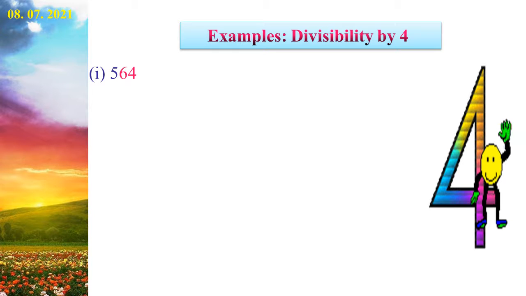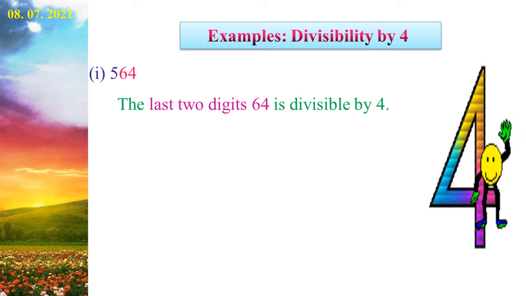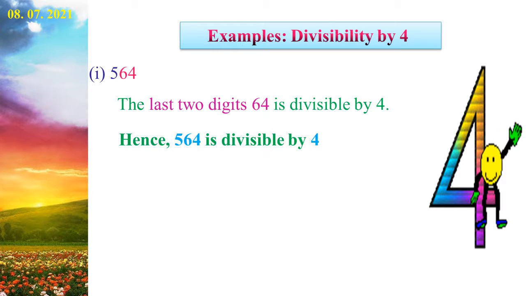Look at the given number 564. Here, its last two digits are 64. Already we know that 64 is divisible by 4. So, the whole number 564 is divisible by 4.